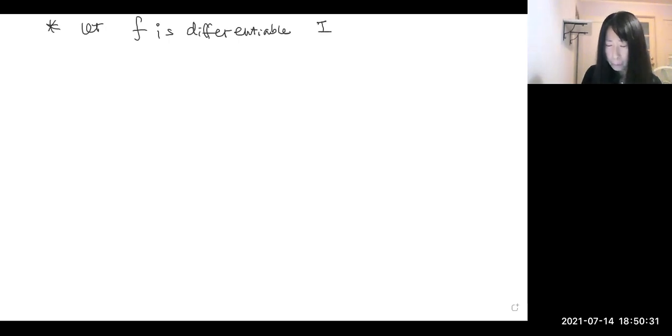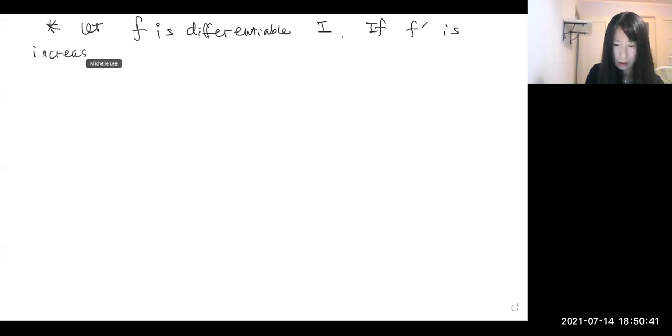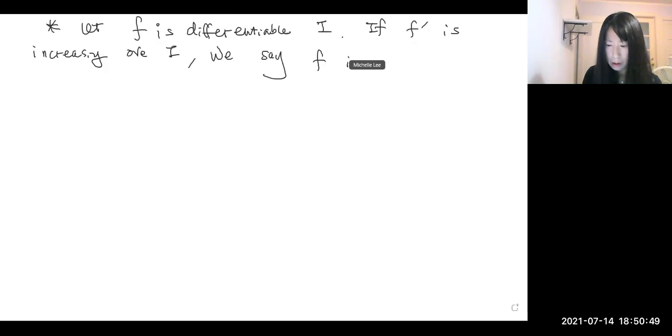And if f prime is increasing over I, we say f is concave up.